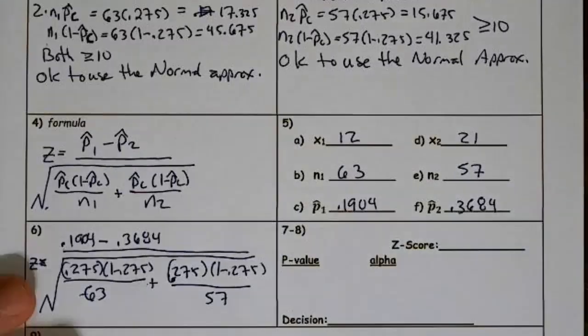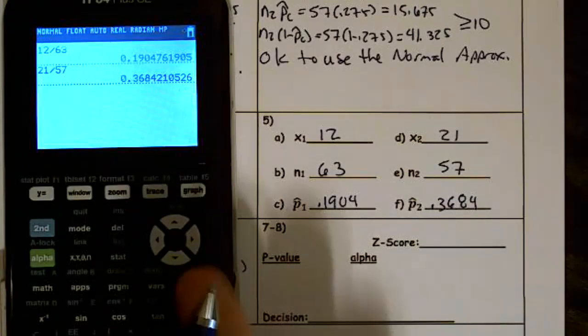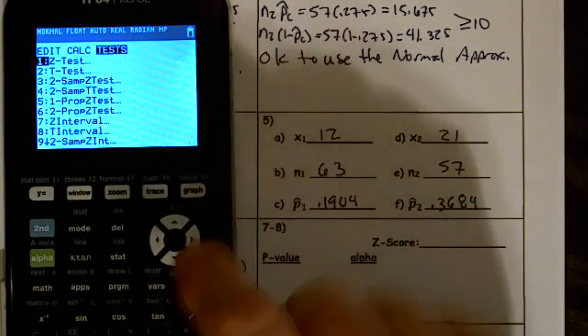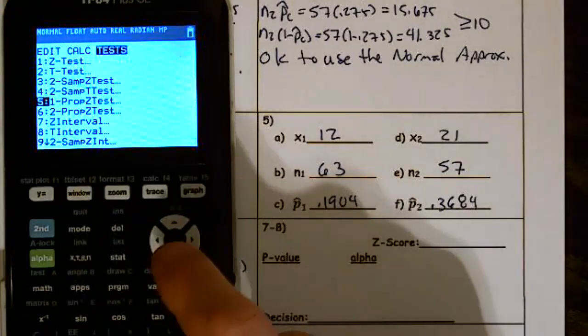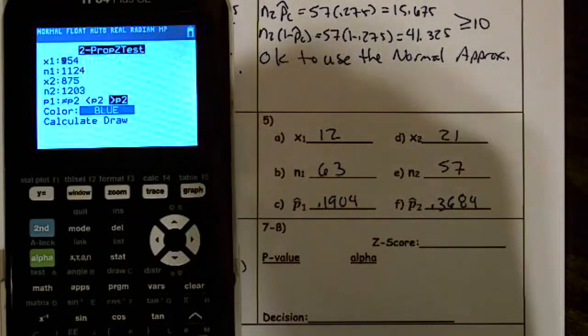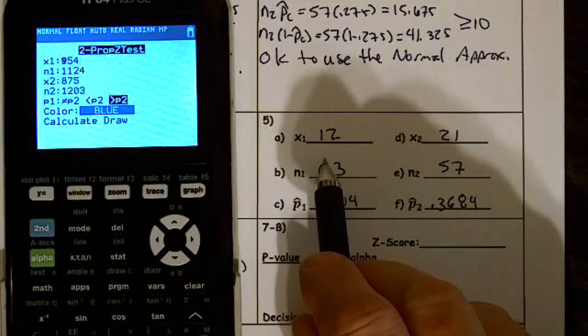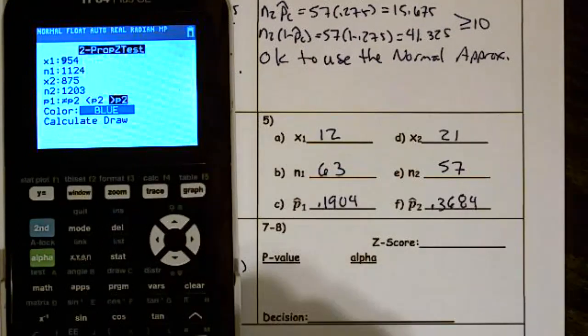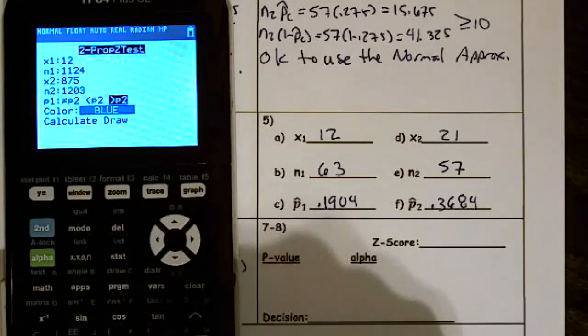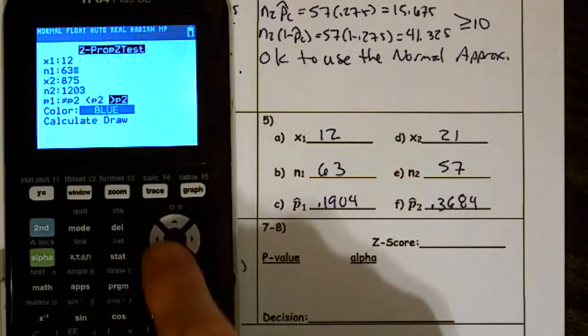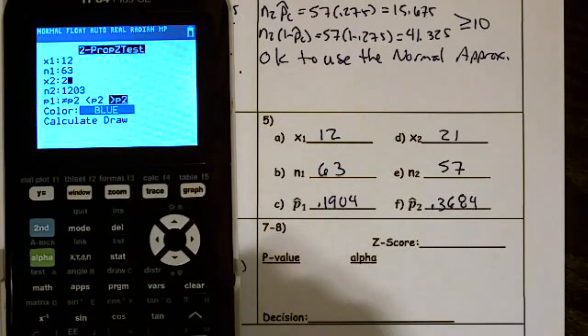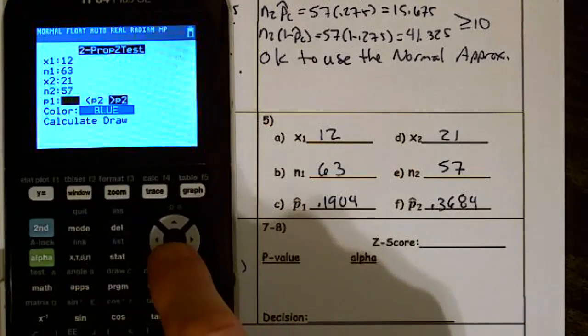All right, at this point, we're ready to go ahead and run this thing in a calculator. So we're going to go stat test, 2 proportion z-test, and x1 is 12, n1 is 63, x2 is 21, n2 is 57.